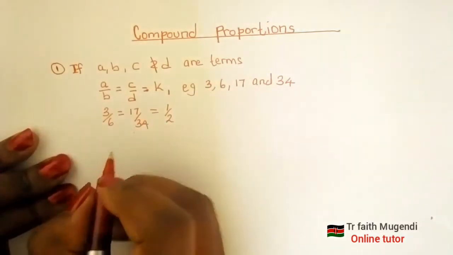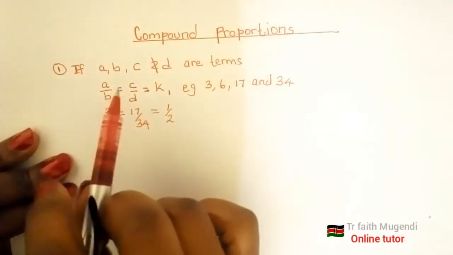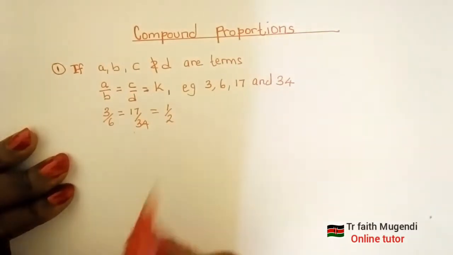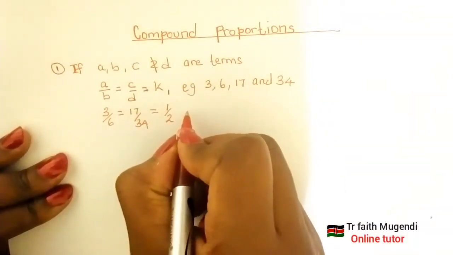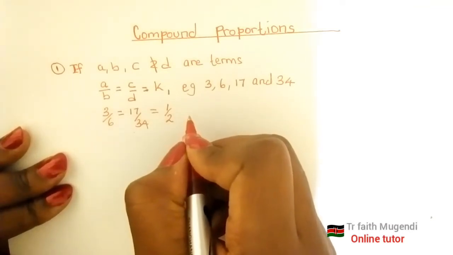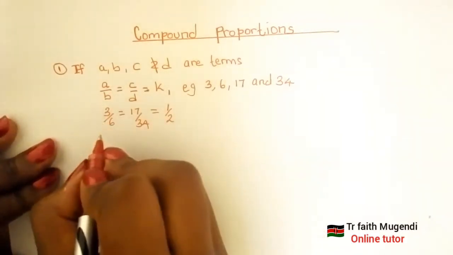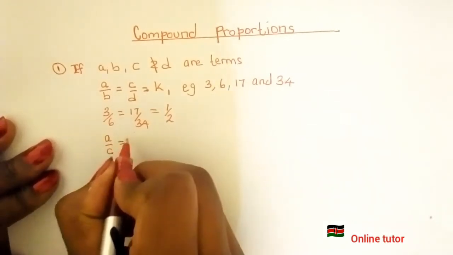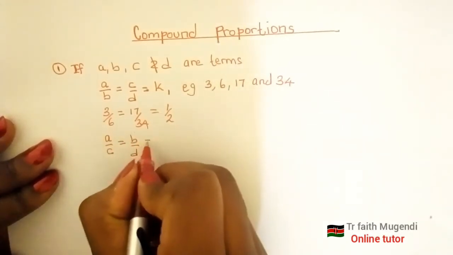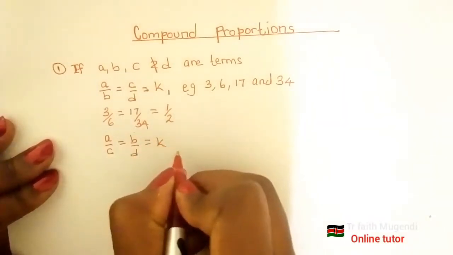It is also true to say that if these ratios are equal, then these terms are in proportion. It is also true to say that A over C is equal to B over D, which is equal to a certain constant K2.